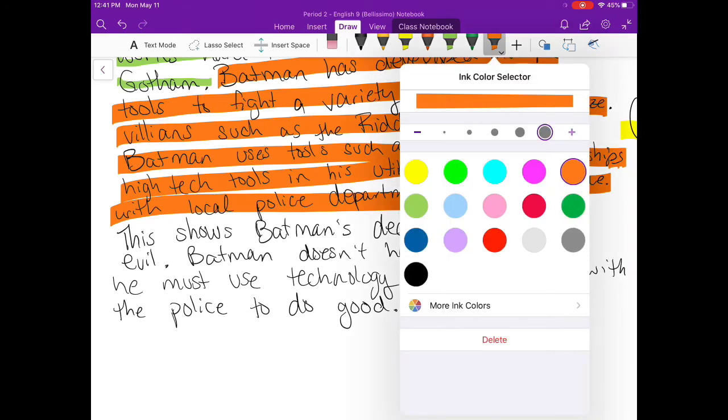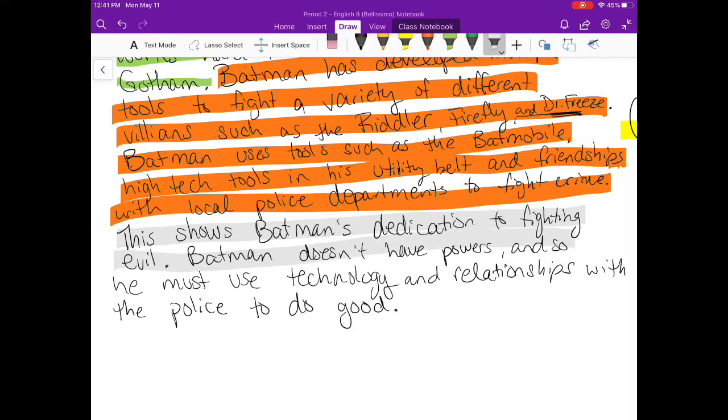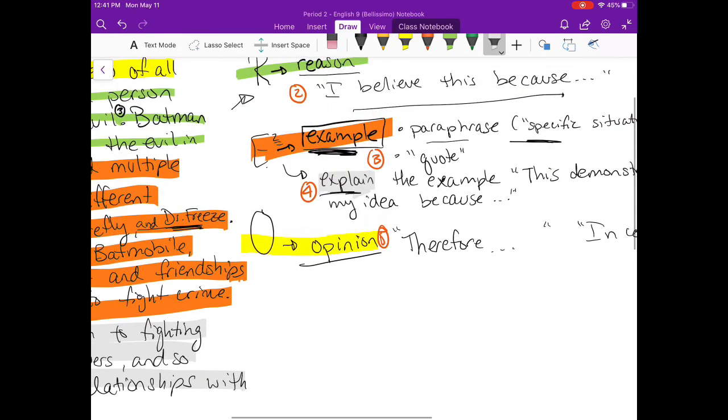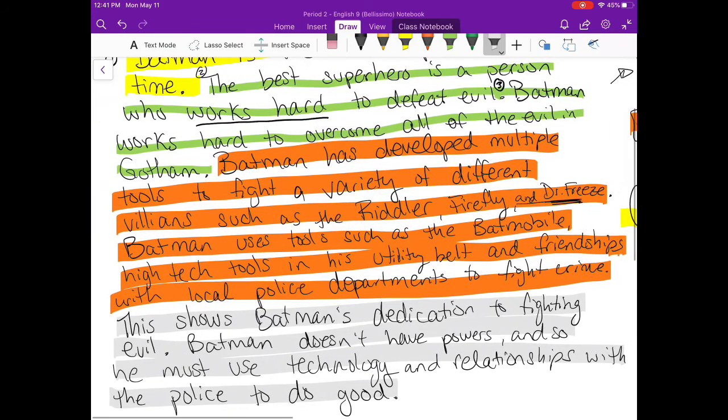Let's do a different color. There's no light orange. I wish there was a light orange. I'll do gray here. So I'm explaining how this example of him having a relationship means that he is somebody who works hard.